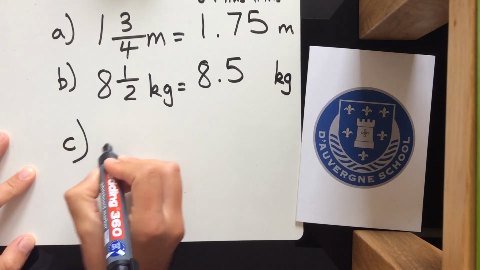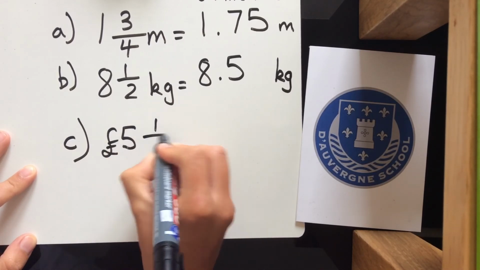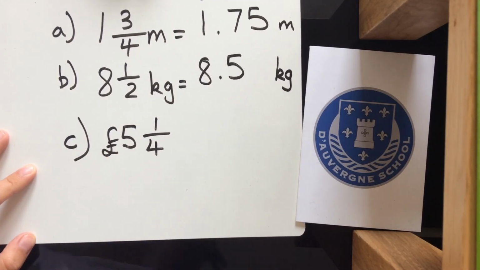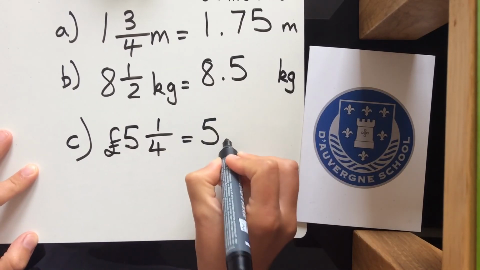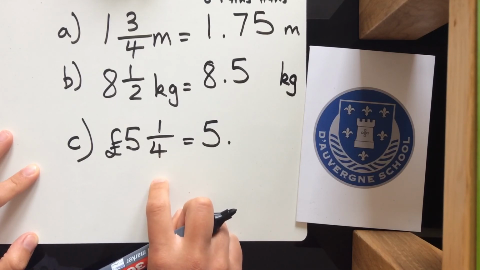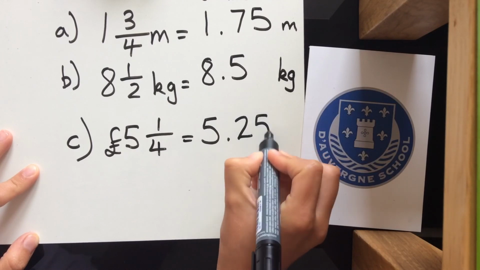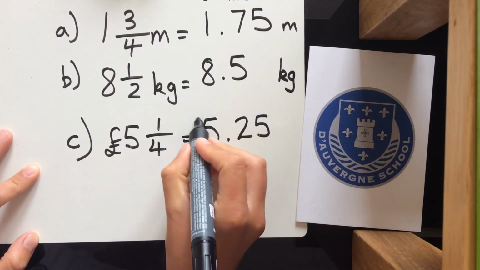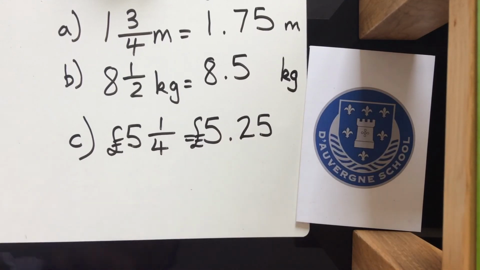And lastly, we've got 5 pounds and a quarter, which sounds a bit bizarre. So we know we've got 5 whole pounds, that goes in our ones column, and then a quarter. How did we write a quarter? 25. Okay, and because it's in money, you put your pound sign on the end. Okay, £5.25.